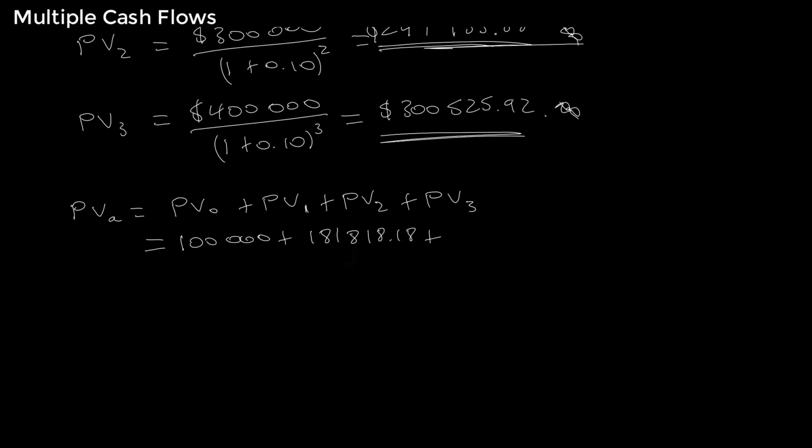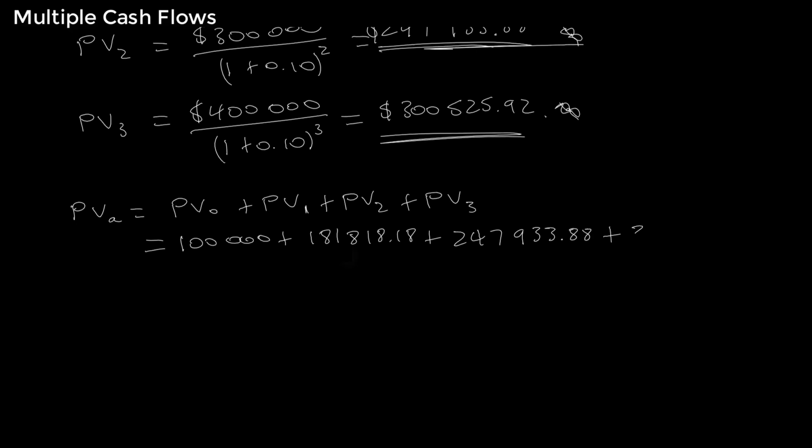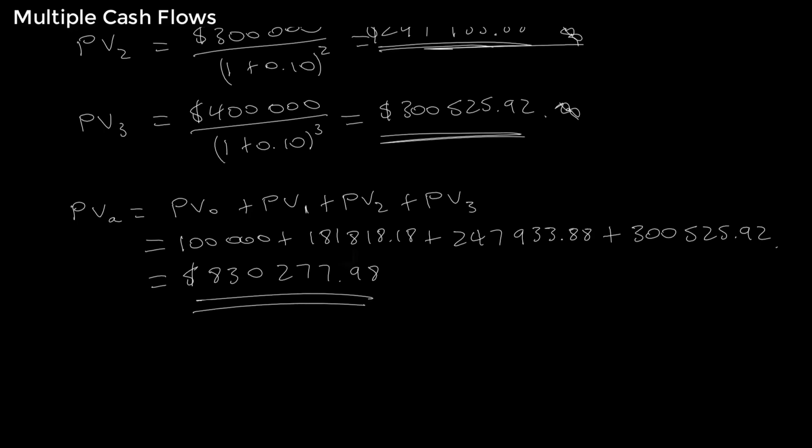Present value of cash flow 2, I should say, is $247,933.88. And finally, the present value of the cash flow received in year 3 is $300,525.92. And if you add all of these together and put it into your calculator, you should get approximately $830,277.98.